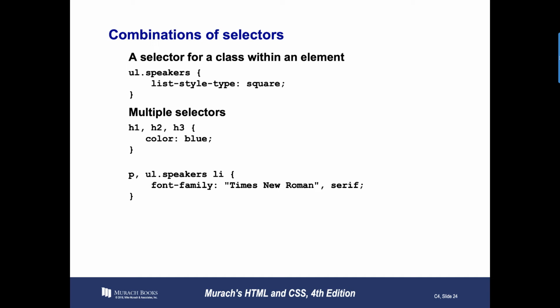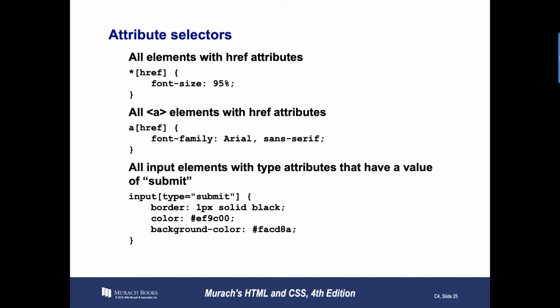It's really important to understand this stuff because this gives you tremendous power as a web developer to format specific elements on your web page certain ways. And you can get really funky with this stuff. Check this out. This is saying all elements with href attributes, right?